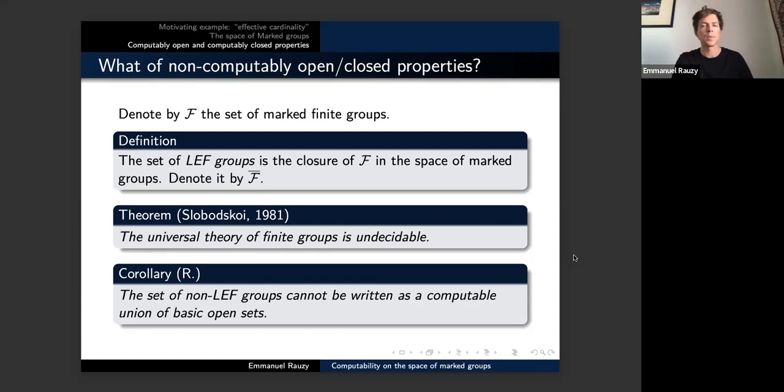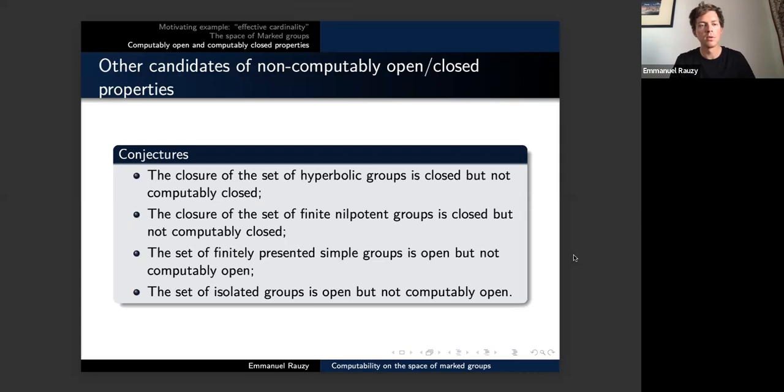All right. To end this talk, I wanted to give 4 more examples of properties which I conjecture are open but not computably open, or closed but not computably closed. And these examples are as follows. The closure of the set of hyperbolic groups is closed but not computably closed.